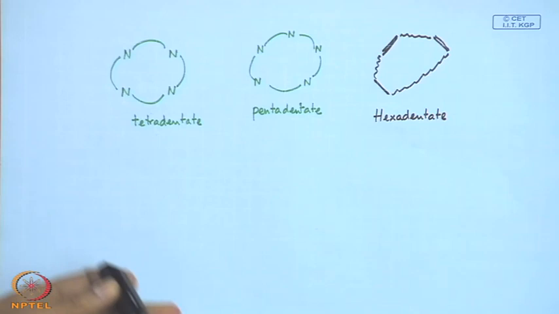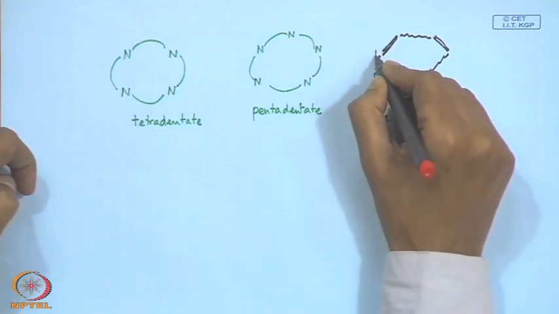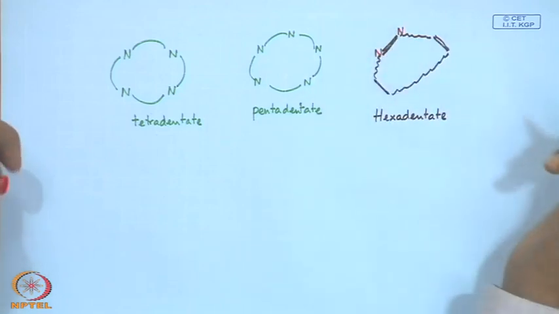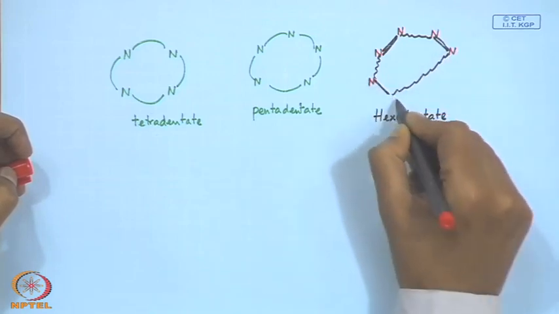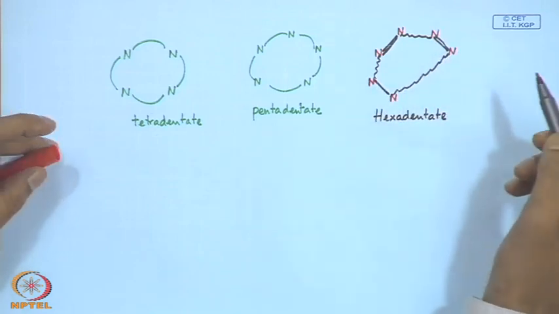So, it can be a hexadentate ligand if we have the fixed positions as nitrogens.